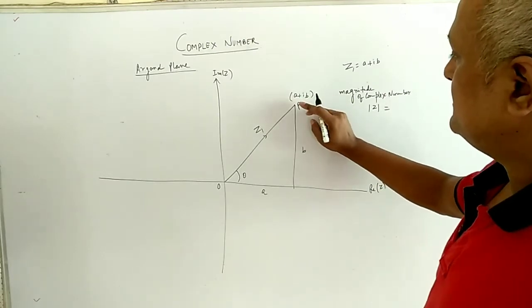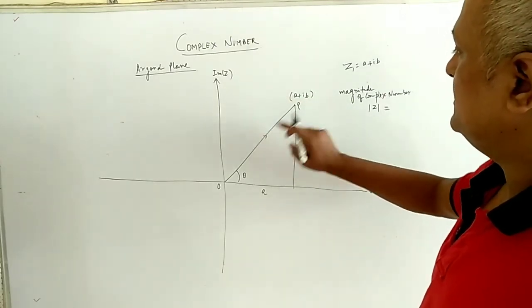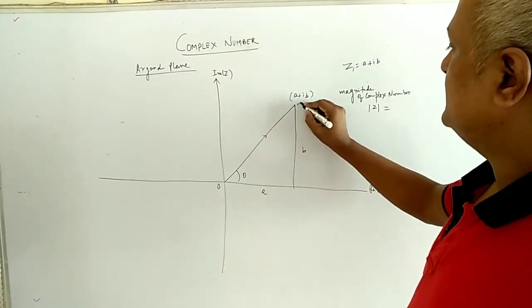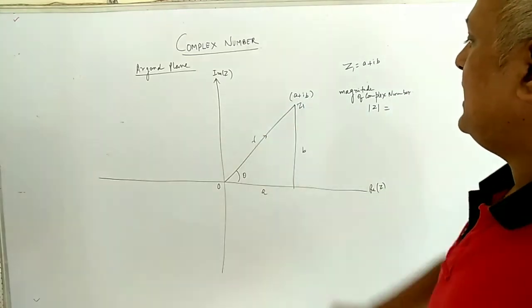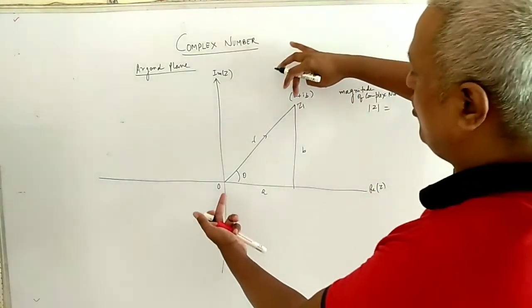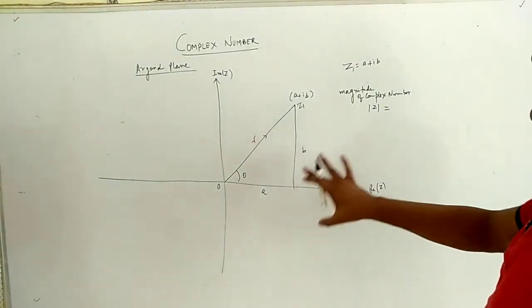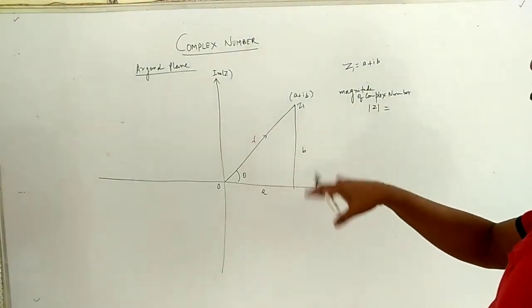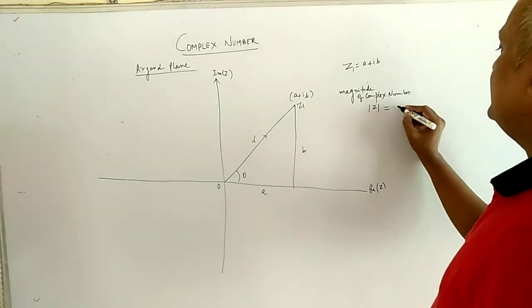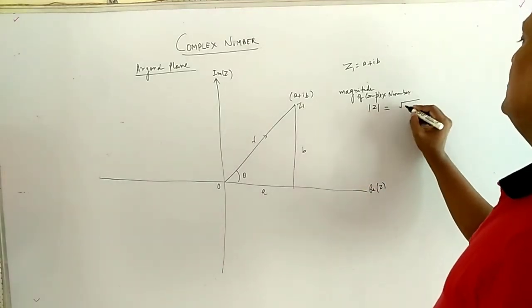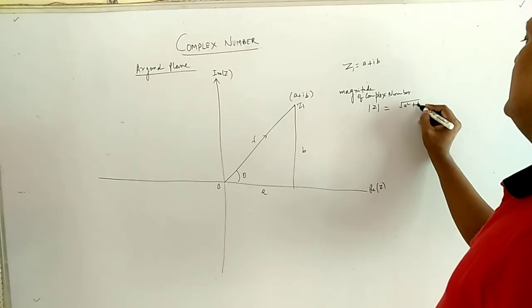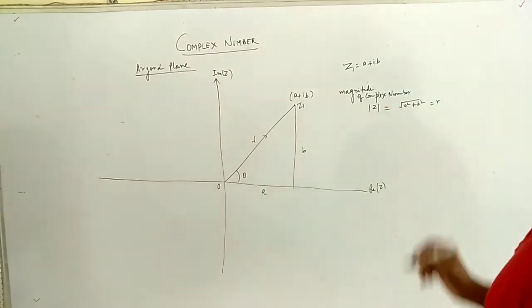Suppose this is z1, so I can call it r also. This distance OZ1 is the magnitude. In terms of the Pythagoras theorem, you can find that this is under root a square plus b square, and that is r.